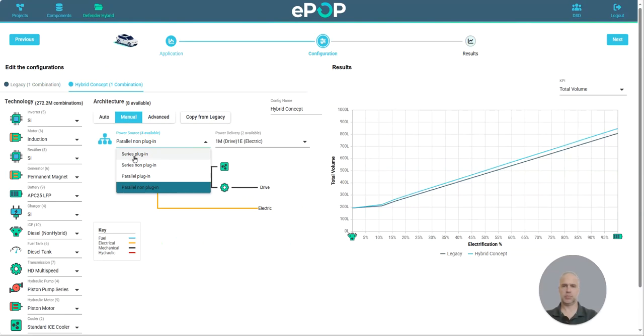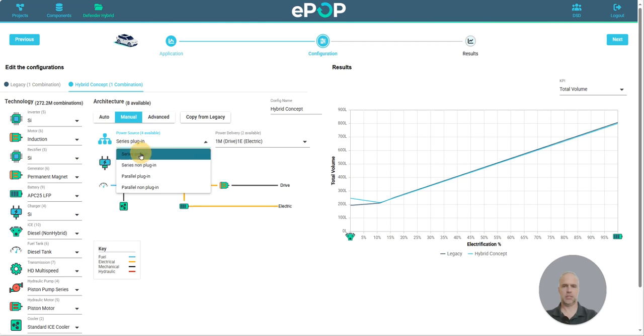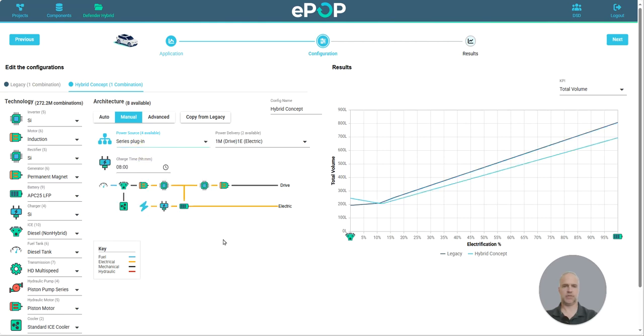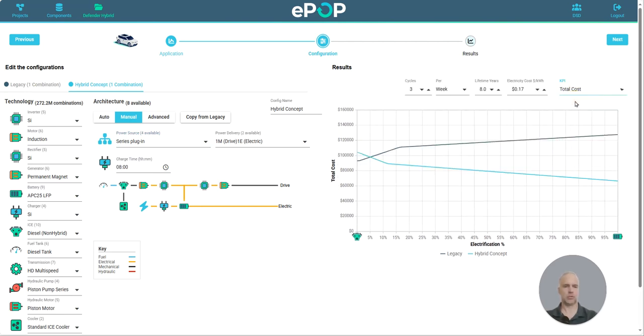Maybe series plug-in or series non-plug-in. Here's what a series plug-in configuration would look like. And now we're seeing live the impact to volume with that. But there's also an impact to initial cost and total cost of ownership with this configuration.